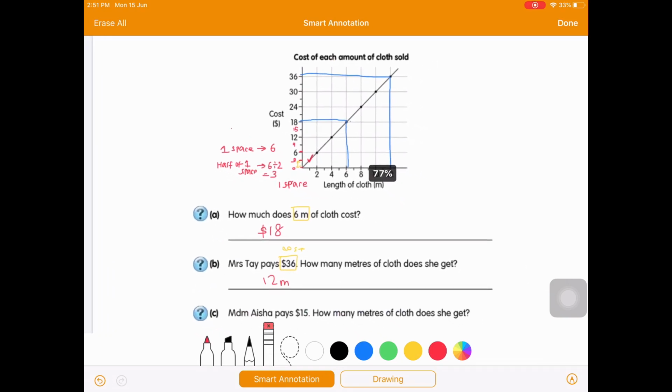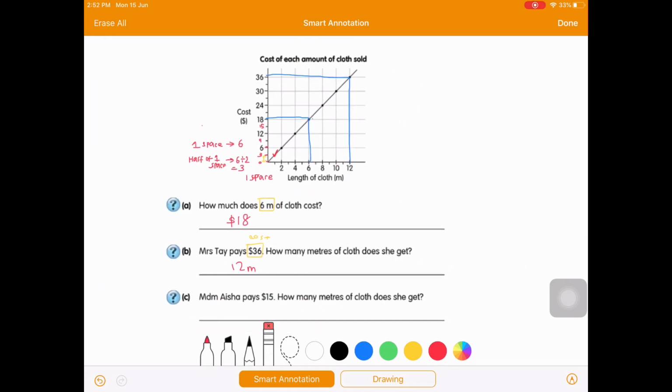Let's look at question C. Madam Aisha pays $15. How many meters of cloth does she get? So $15 is the cost. So let's look at the scale for the cost. She paid $15.